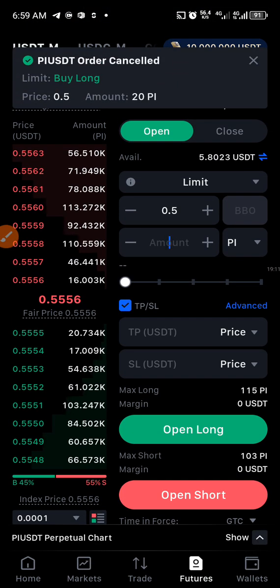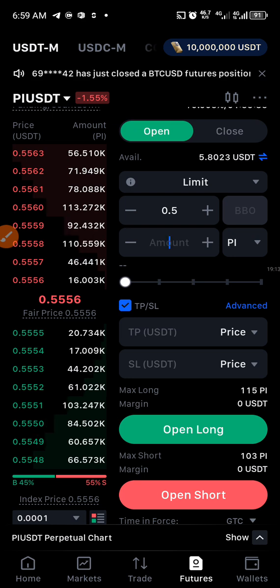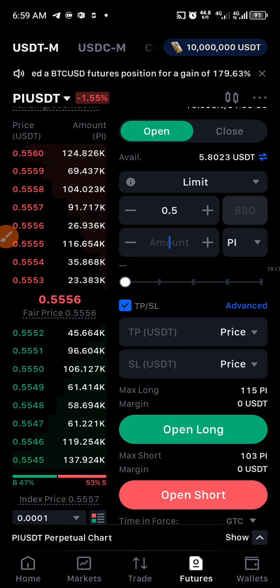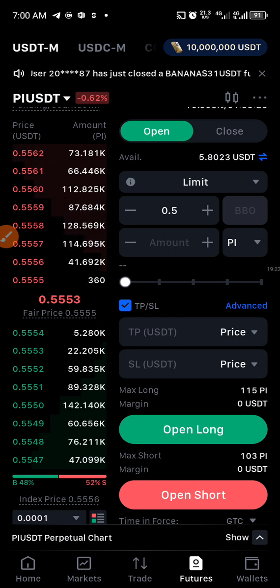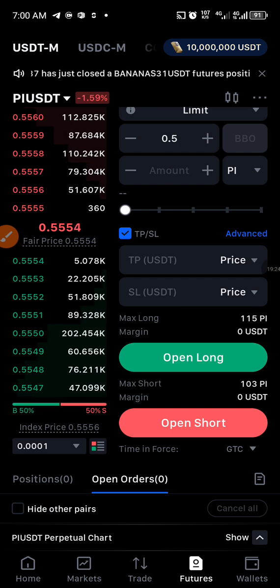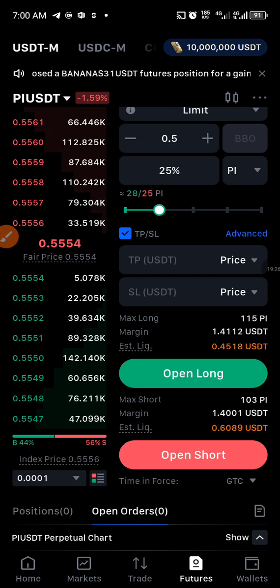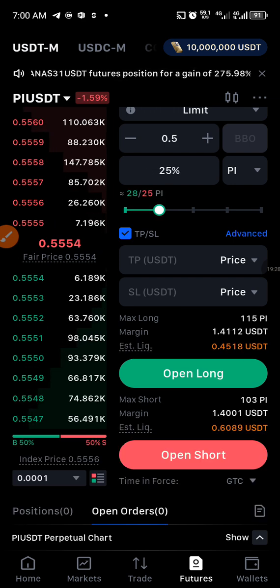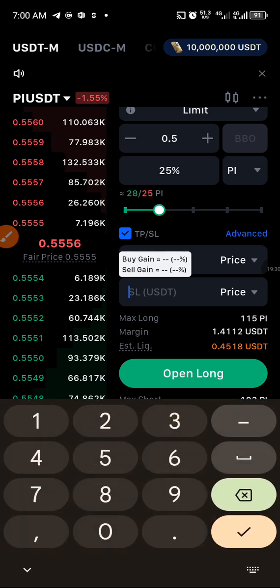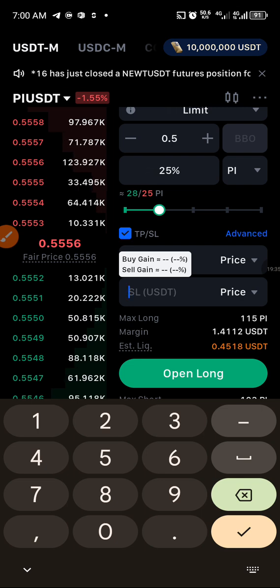When you have set your price, there is something else you need to do, which is called the TP or stop loss. Let me reset this. Stop loss means if the trade is going against you, instead of the market taking all your capital, you use stop loss.